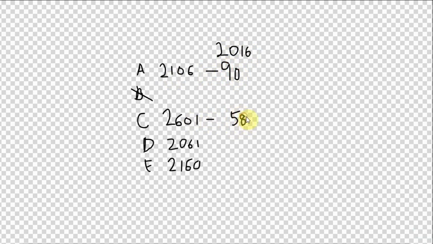This is definitely not the answer because it's much bigger than 90, right? Now 2061 minus 2016 is 45 and 2160 minus 2016 is 144. So which is the least difference? That is option D. So 2061 comes immediately after 2016 with the same digits 0, 1, 2 and 6.